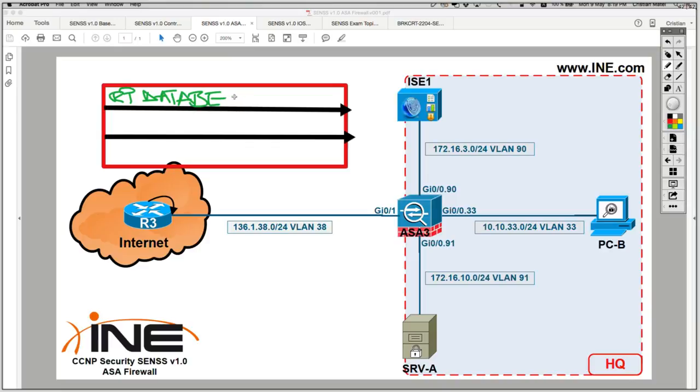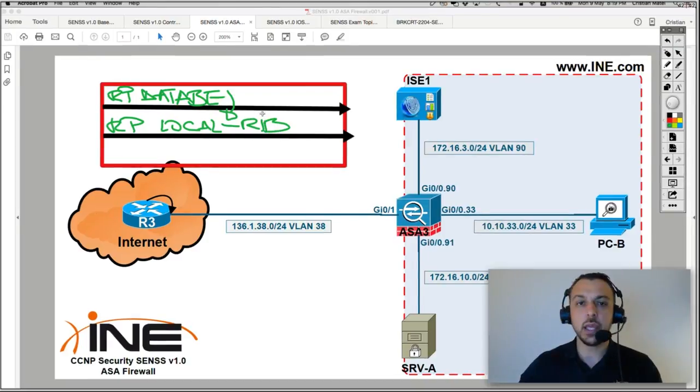Now, the best entry from the database for each prefix is sent to what is called the local RIB. Some protocols have a command to show the local RIB, some don't, but all of them function the same way. For example, if the protocol is EIGRP and it has two paths for the same destination, it chooses one best path based on EIGRP criteria and sends it to the EIGRP local RIB.